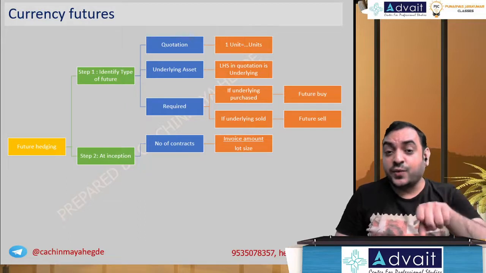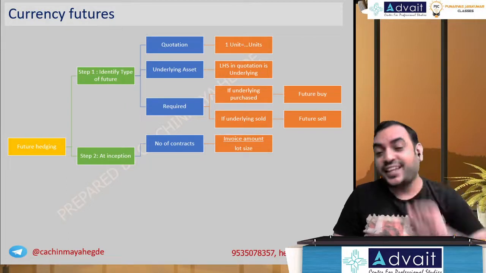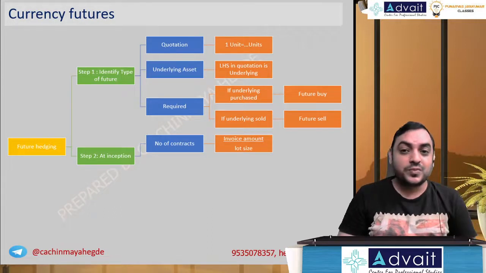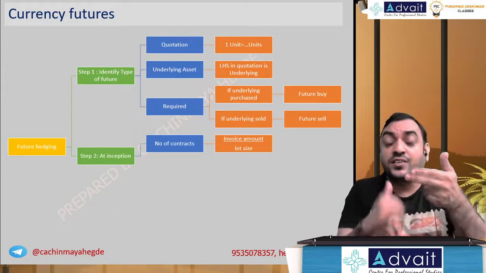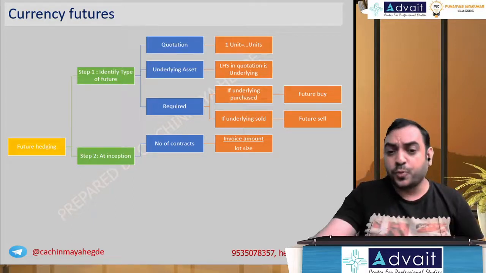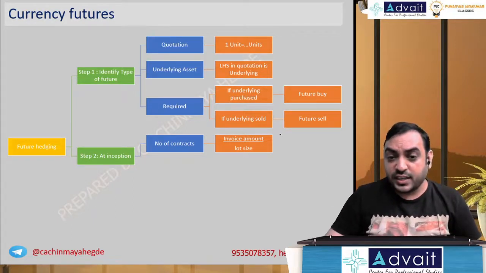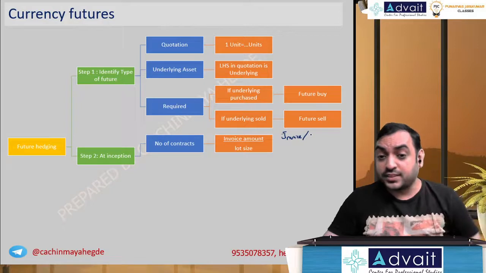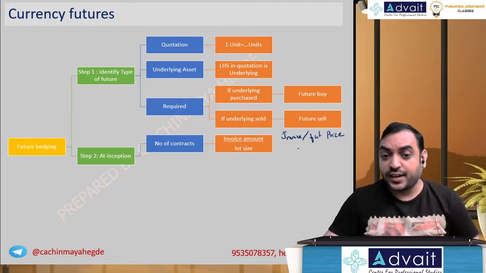If the invoice amount is the same, invoice amount divided by lot size. If the currencies are different, the underlying asset is different, no problem. Invoice amount divided by, there I divided by strike price, here I divide by future price, the future rate, and then divided by lot size.